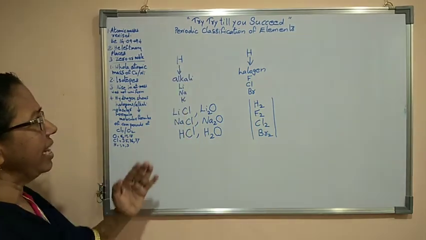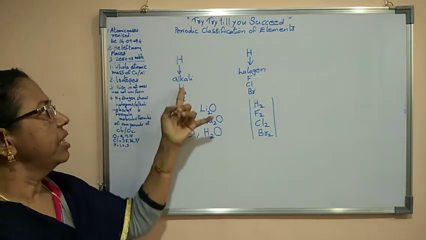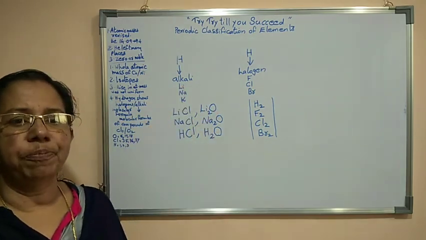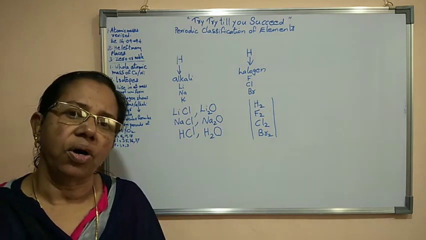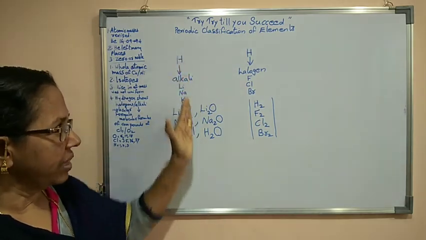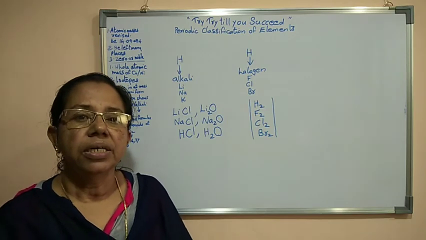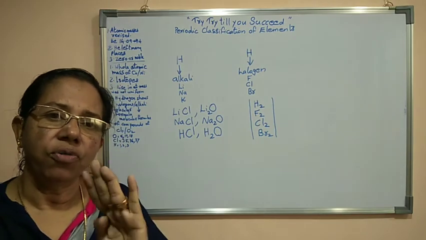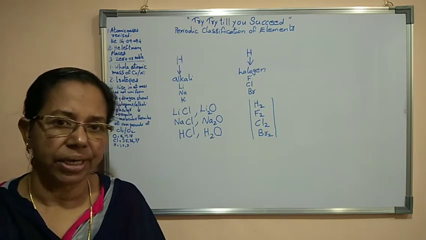Hydrogen has similarity in the formation of compounds with the alkali metals. So here confusion arose in the mind of Mendeleev about where to put hydrogen, either with the alkali metals or with the halogens. So now we have studied four disadvantages or demerits of Mendeleev's periodic table.